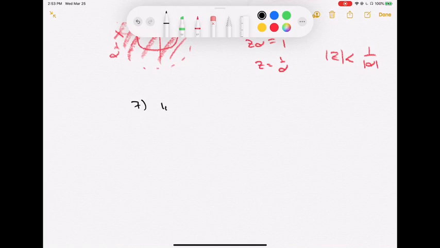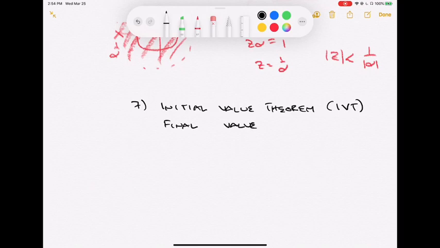This is for our initial value theorem, which we will call the IVT, and we will also look at the final value theorem, FVT, something along those lines. Let's go ahead and look at the initial value theorem and see what it tells us.